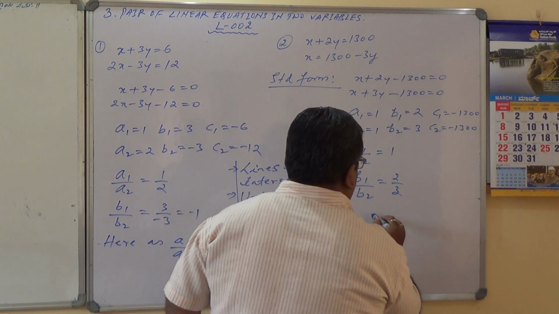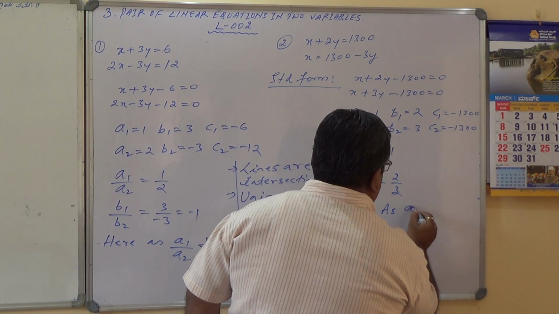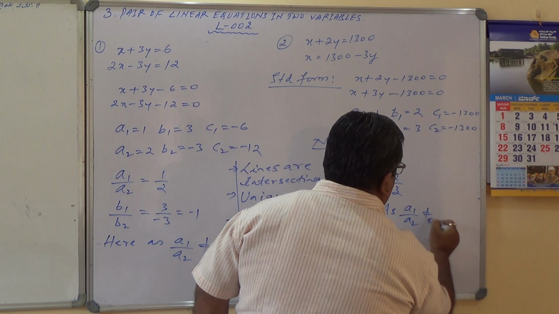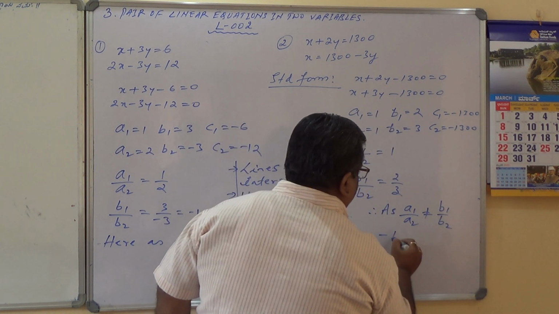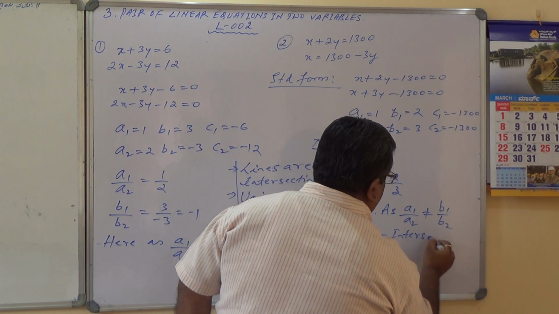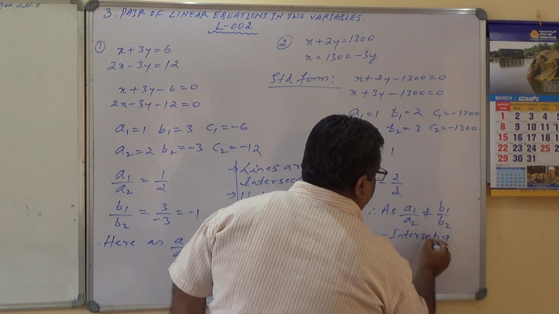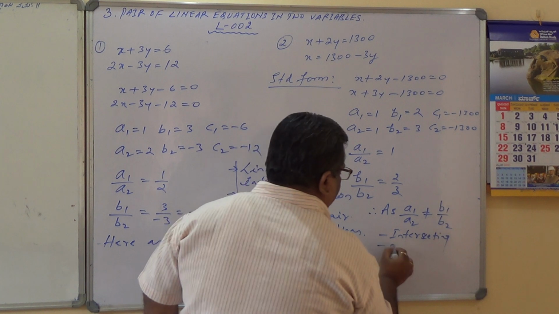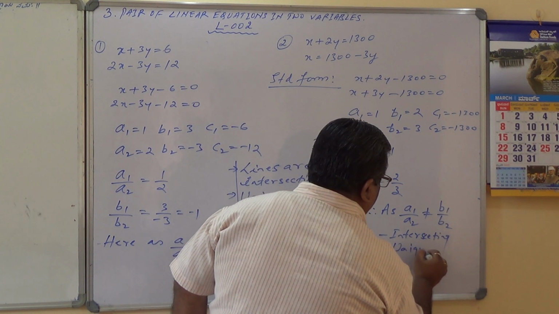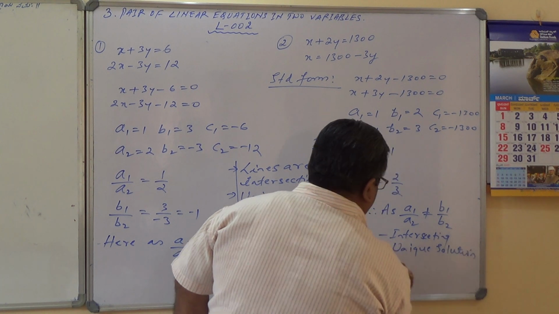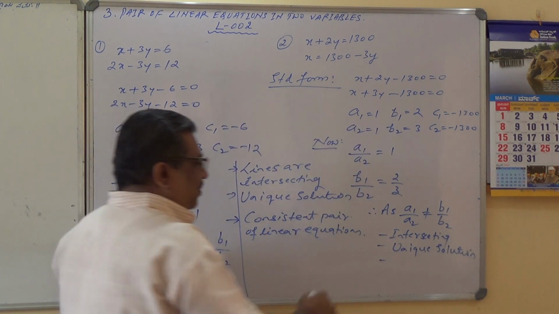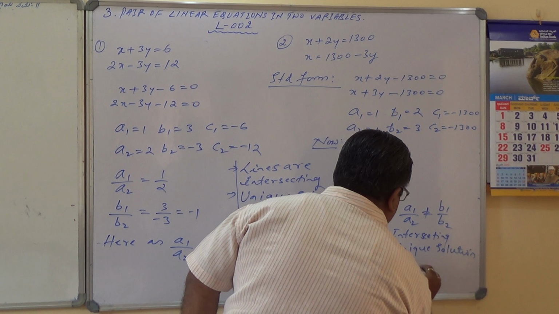Therefore, as a1 by a2 is not equal to b1 by b2, the lines are intersecting, unique solution, and consistent pair of linear equations.